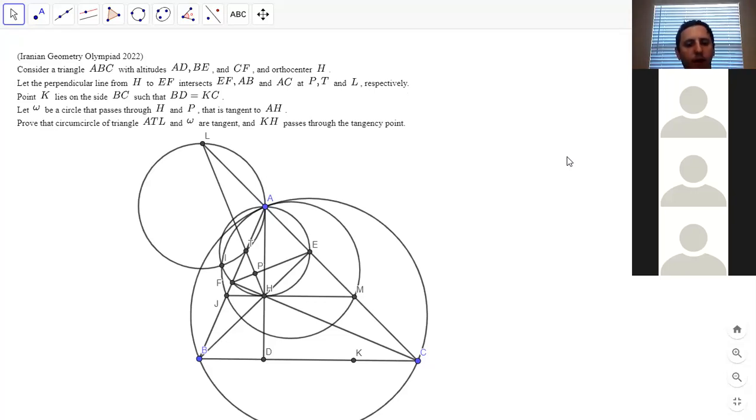So yeah, can we show KH and I are collinear? Wait, what were you saying? Were you saying something about the point K? I forgot. I don't think I said anything about point K. Okay. So BD equals CK. How do we use that?